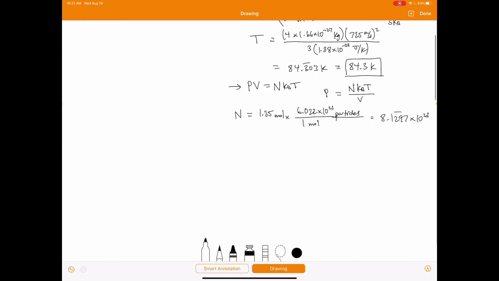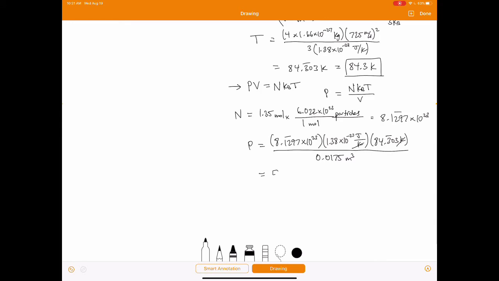So therefore, the pressure that we're looking for is 8.1297 × 10^23 times Boltzmann's constant, 1.38 × 10^-23 joules per Kelvin, times the temperature, 84.303 Kelvin, divided by the volume. So we have 0.0175 cubic meters. And also notice that units of Kelvin just cancel like this.